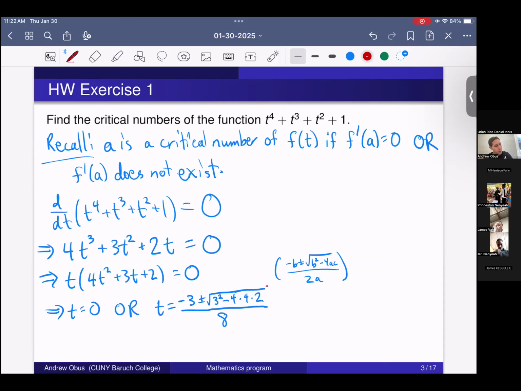And now what happens under the square root here? What kind of number is this under the square root? Discriminant. Right. But in this case, we've got 9 minus 32, so this is negative, right? It's a negative number.